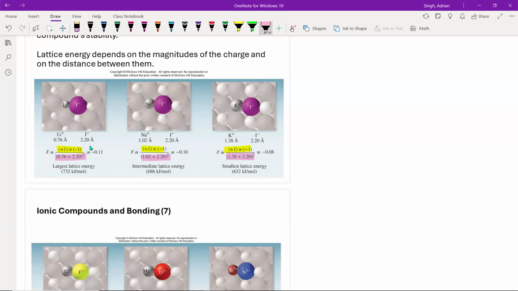So larger size here on the right side would make the denominator a larger number, which would make F then a smaller number. As you can see, smallest lattice energy. If the denominator is small, that would make F a large number, and it would make a large lattice energy as well.